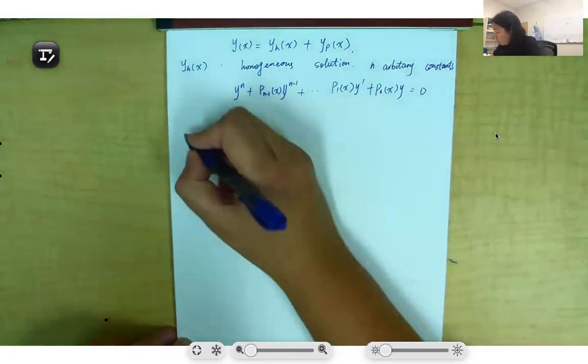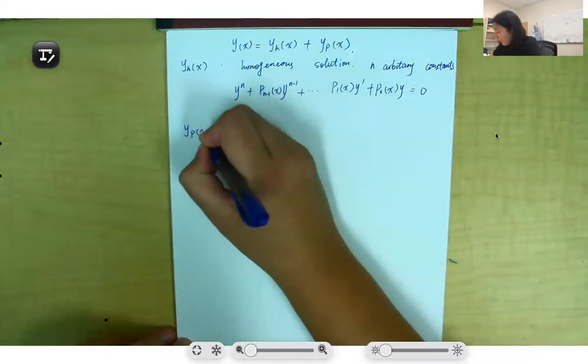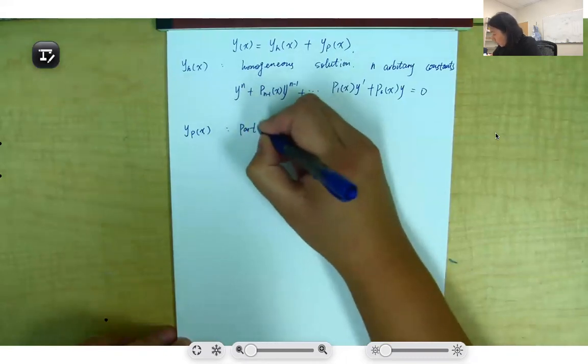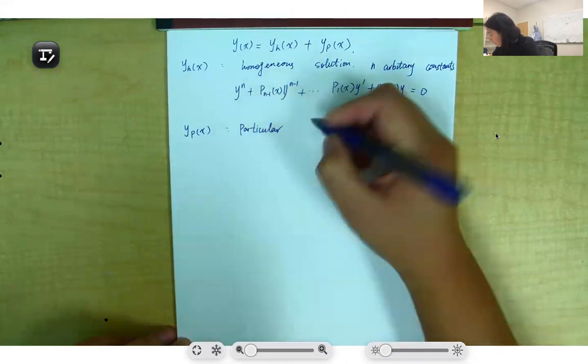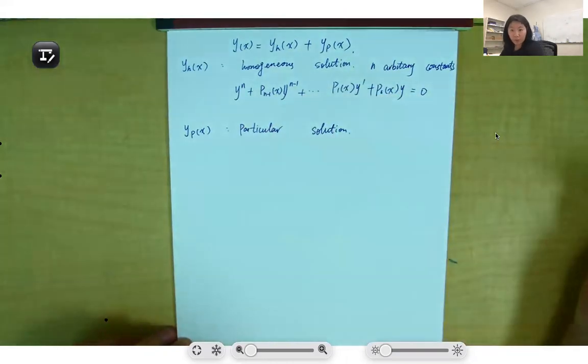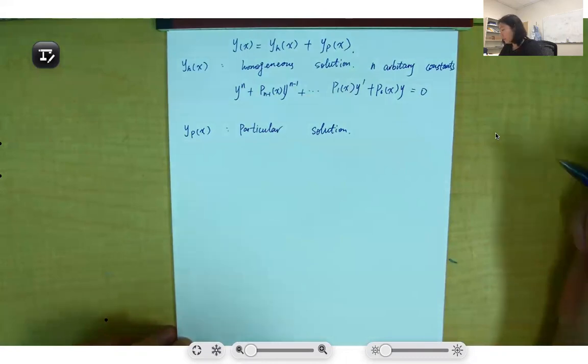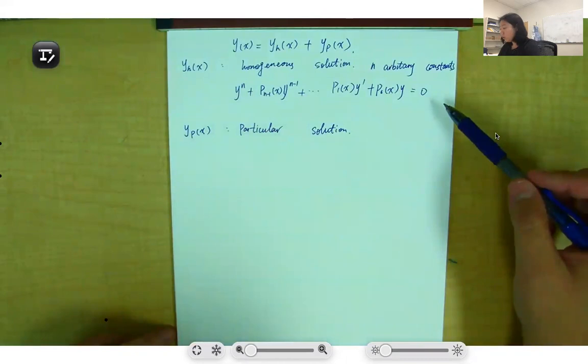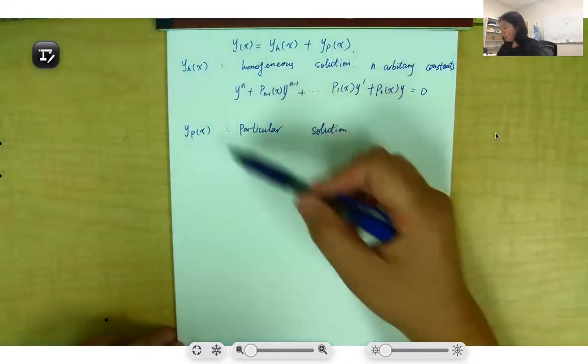And for the y_p(x), that is called the particular solution, which usually doesn't have an arbitrary constant. To solve these particular solutions, we include the forcing function.